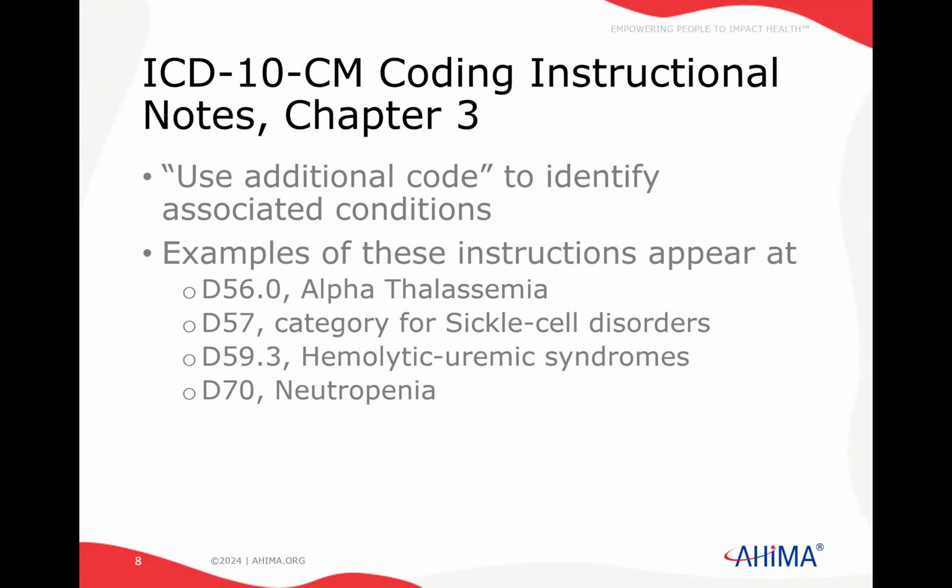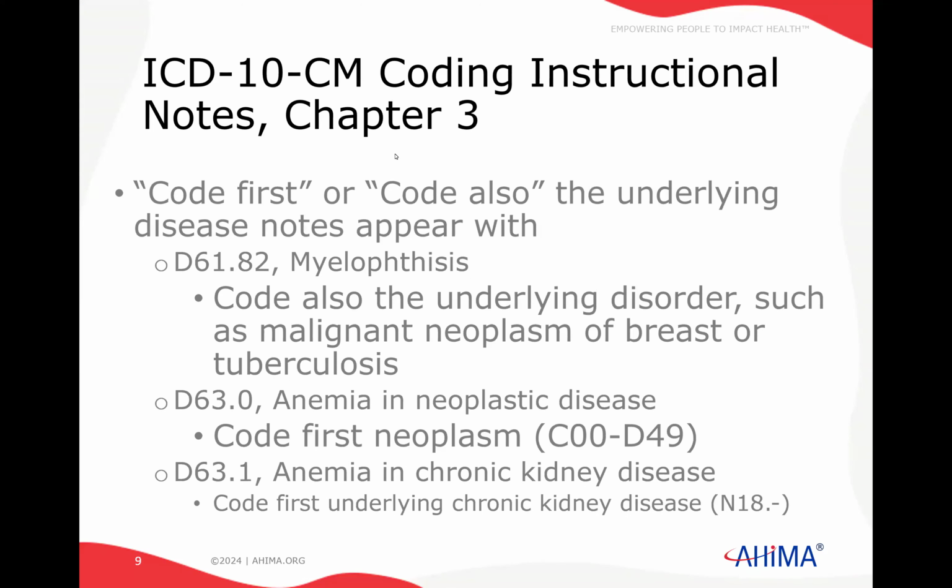This is another reason why you need to always use the tabular. If you just code right out of the index, you will miss the use additional codes to identify associated conditions. And we see a lot of these with things like sickle cell anemia, neutropenia, all these other different types of things.